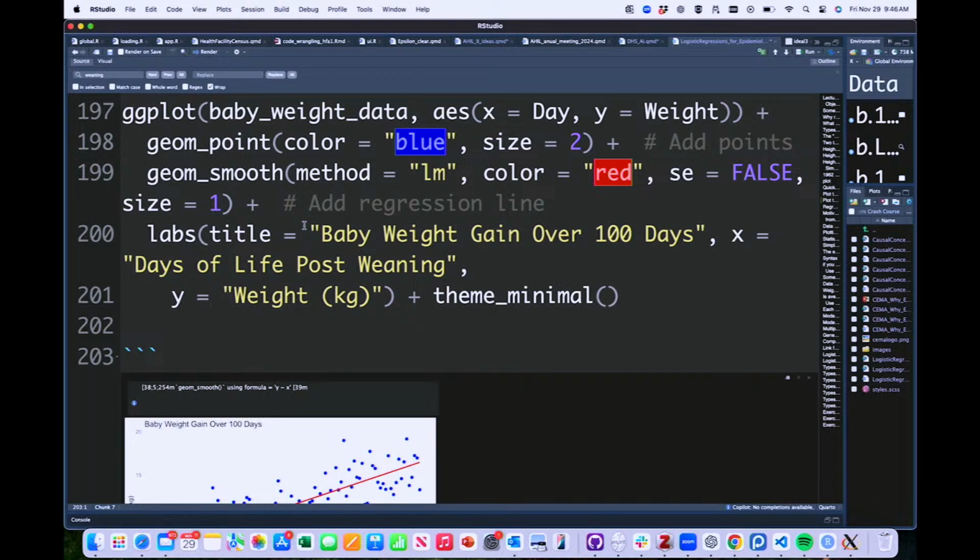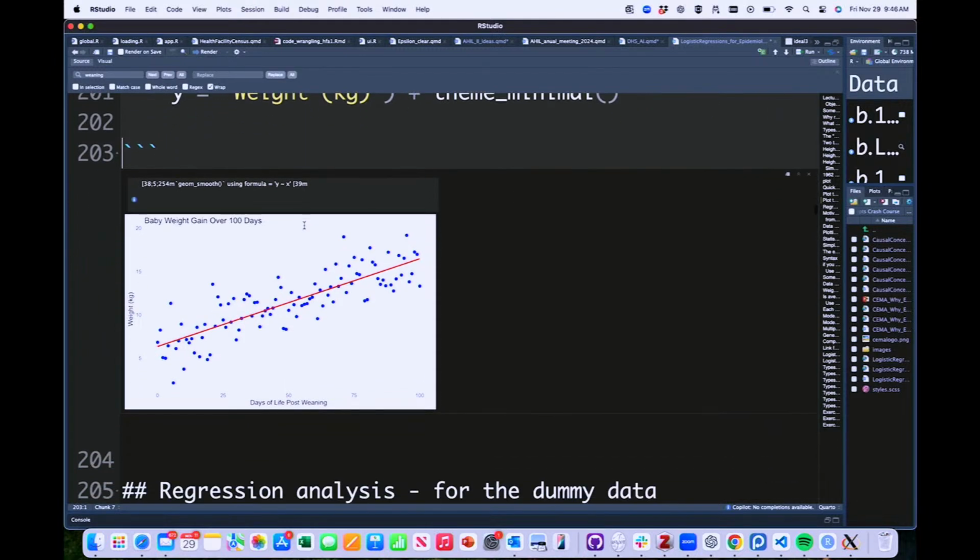So once you do it, I think you'll end up with a graphic that looks like this, that tells us that there's a relationship between post-weaning days and weight in kilograms. And that line of best fit, that fits the data, you know, the method of least squares.